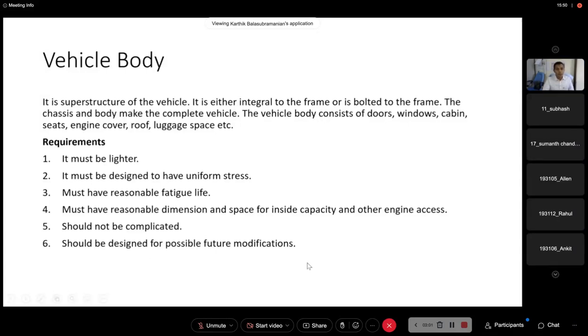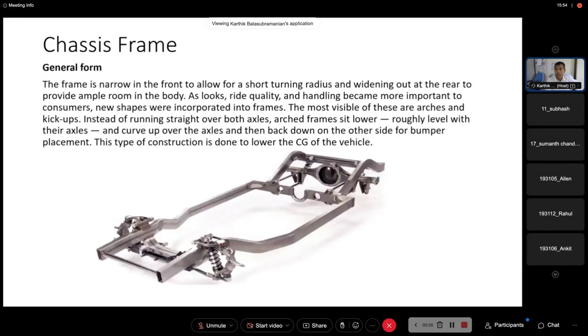So in the previous class we discussed up to the chassis frame, right? We saw how it is very different from the ladder frame structure that we have for trucks. The chassis frame has evolved to accommodate a large room for the passengers, a narrow front, and the wheels, so that the center of gravity can be lowered.